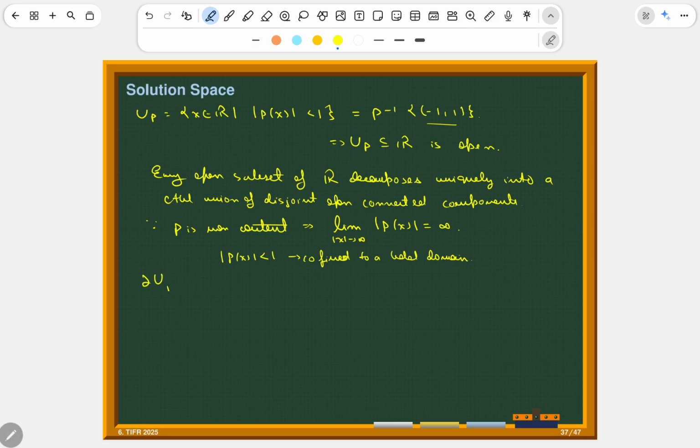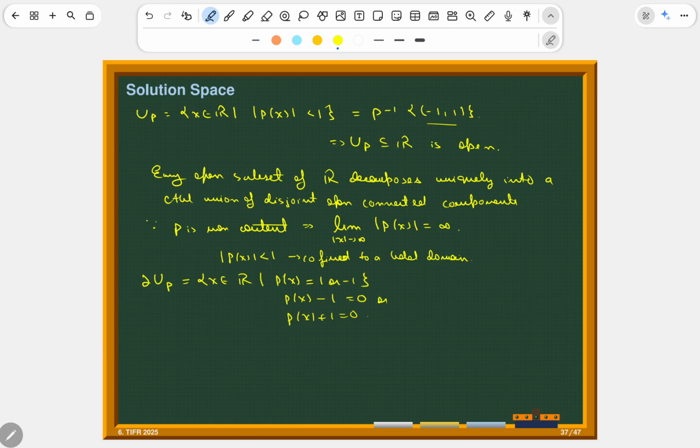So the boundary of UP is the collection of real numbers such that P of x is equal to 1 or -1. So therefore, x is a root of the equations Px minus 1 equal to 0 or Px plus 1 equal to 0, right?